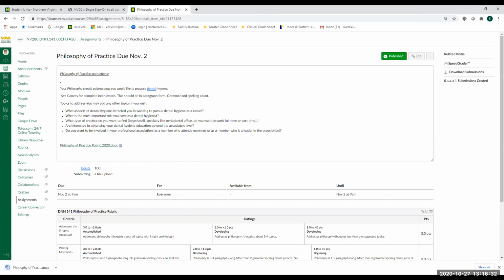And then there's a rubric here, so you'll see what you're being graded on. You don't need to print out the rubric because that's going to be in the grade book, but you've got a total of 9 points. Addresses the 5 topics suggested. Your writing mechanics, and did you submit it on time? I mean, it's an easy thing.